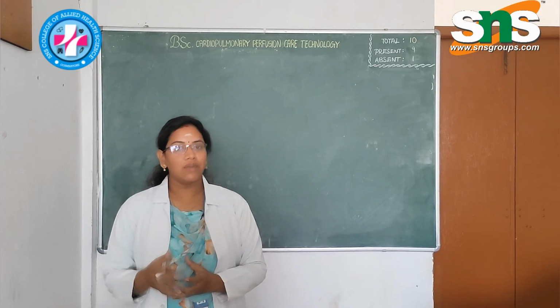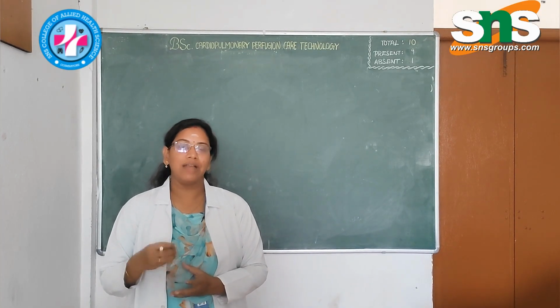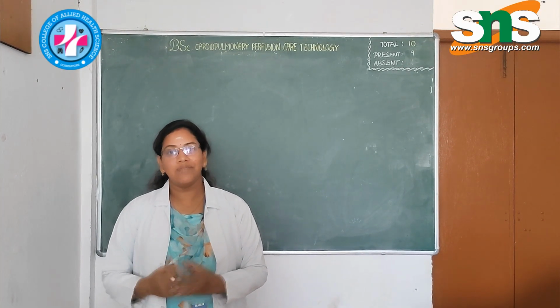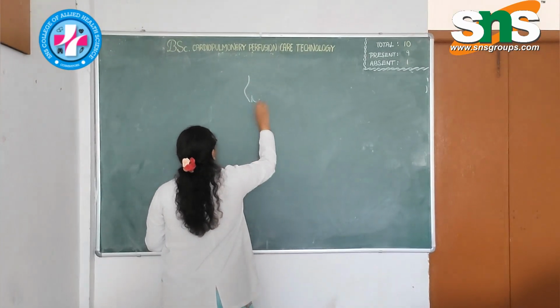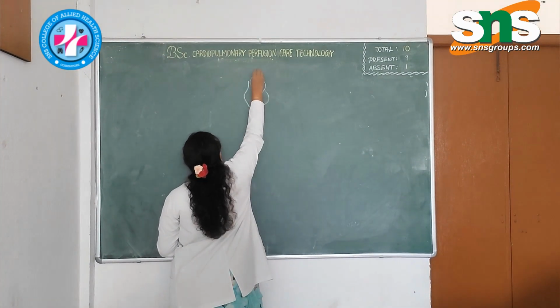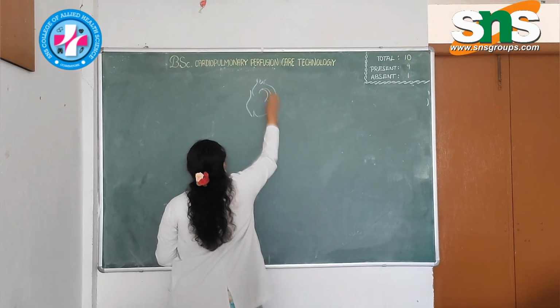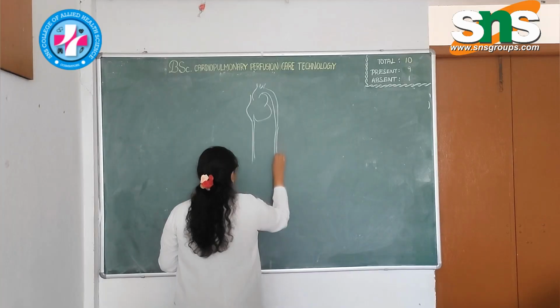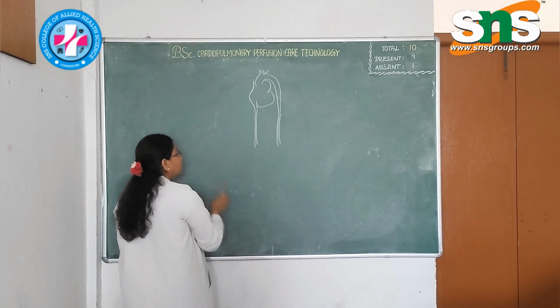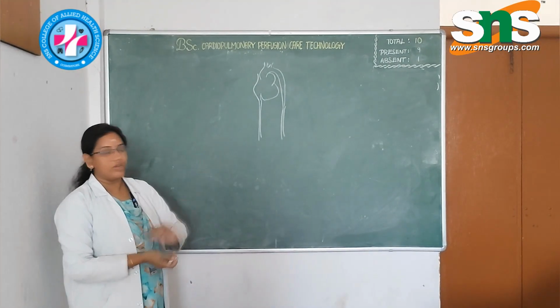How this VA ECMO will support the patient's blood flow as well as oxygen flow, we can see with the circuit diagram. Here the patient is having a problem directly in the myocardium, so I am concentrating on the patient's vessels. Here the patient has a femoral vein and a femoral artery.